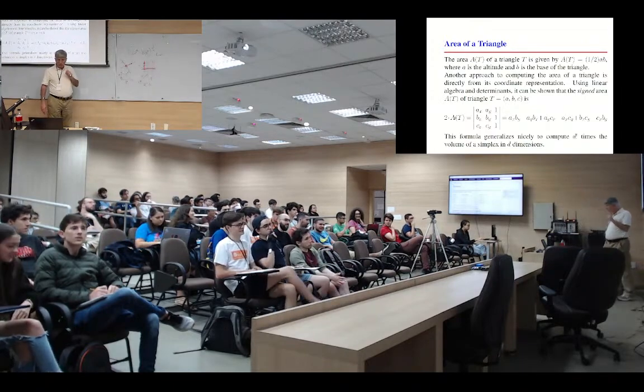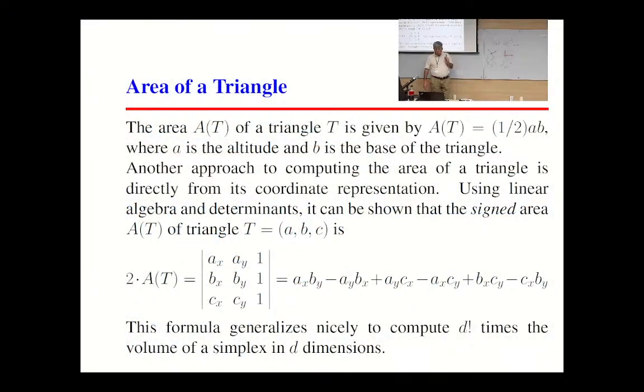So what is interesting here? If you have a triangle in 2 dimensions, what do you have? You have a world where you have 3 points with 2 coordinates. We can make a 3 by 3 matrix where we consider the x and y of the 3 points, with the third dimension being equal to 1.